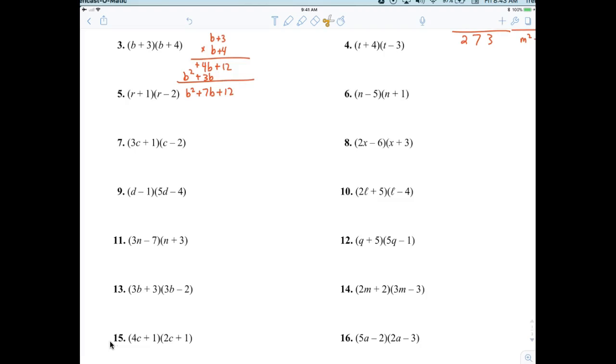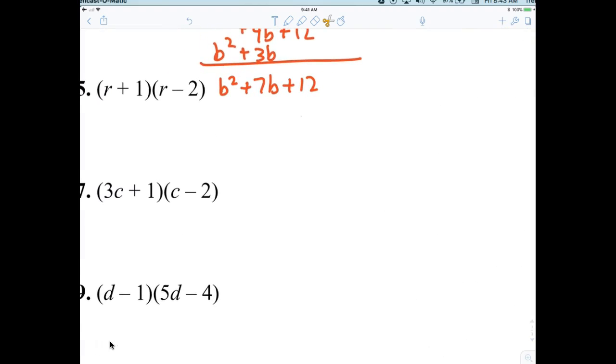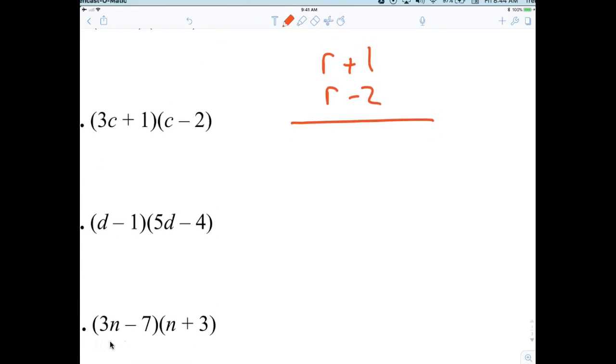All right? So number 5, I have R plus 1 times R minus 2. All right? So what's R times R? Or I'm sorry. Hold up. I wrote it wrong. I'm breaking my own rule here. R plus 1 times R minus 2. All right? So now, negative 2 times 1. Negative 2.